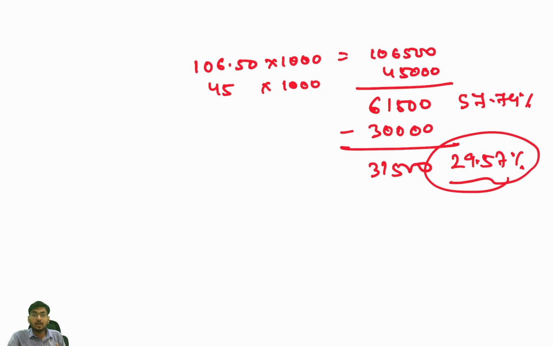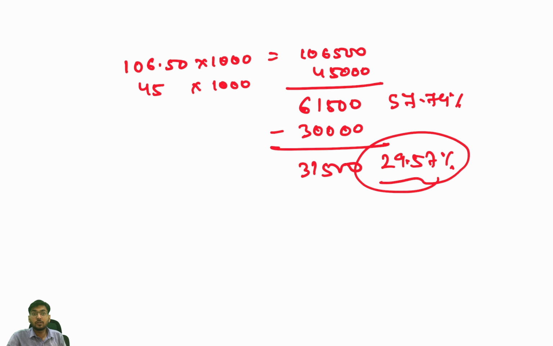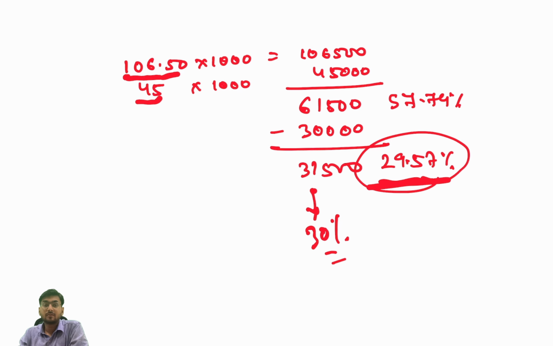Somewhere you are approaching your operating margin of 30%. That means you need to increase more to reach the 30%. Now what you can observe here is that you have to increase the price more than the increase in the cost of goods sold to actually reach the level of the original operating margin of 30%.